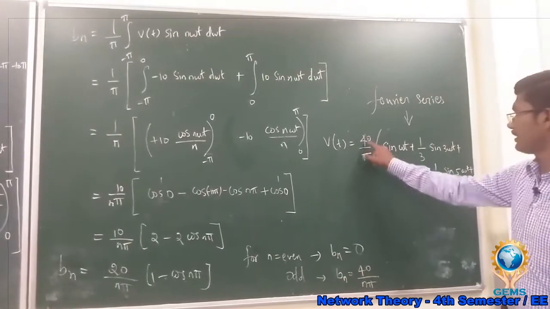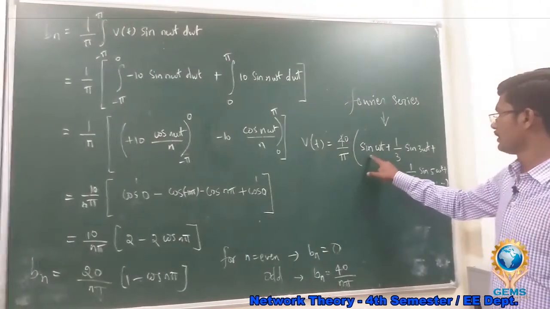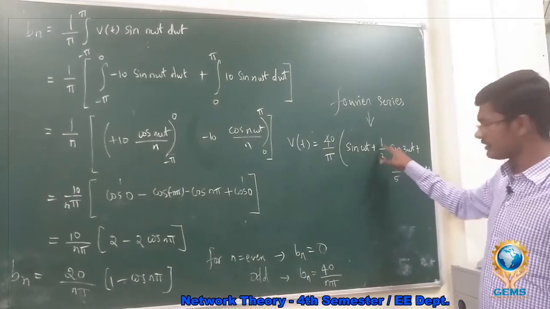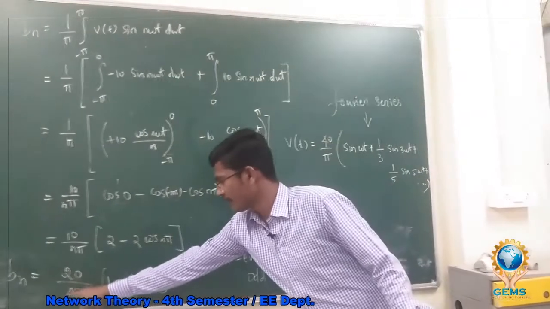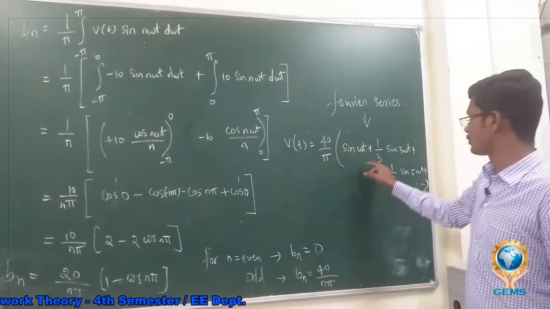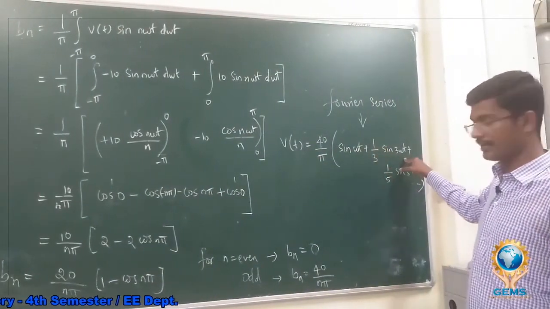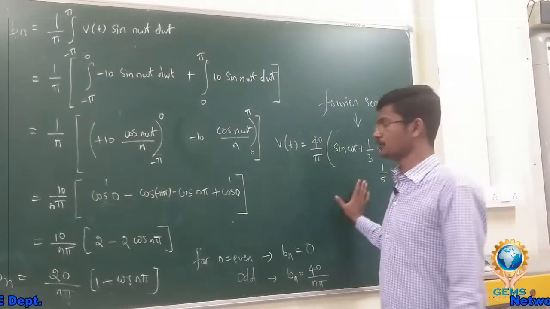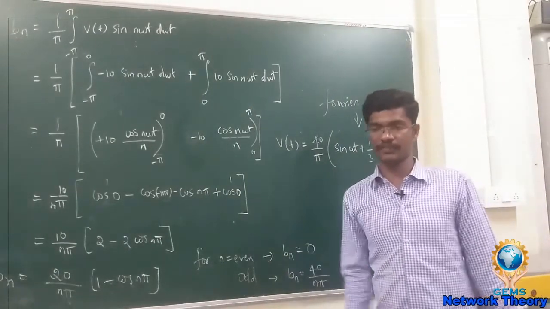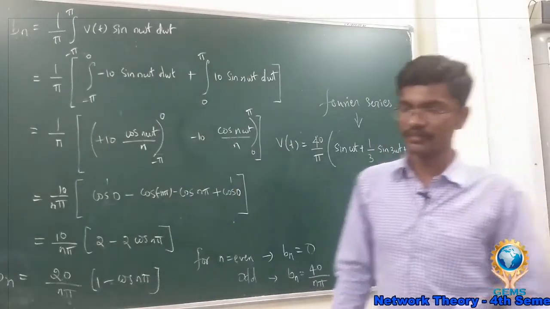So we will get 40 divided by pi into sin omega t plus 1 by 3. Why is 1 by 3 coming? Because the division by n comes inside, so 1 by 3 sin 3 omega t plus 1 by 5 sin 5 omega t, and it continues like that. So this is the Fourier series for this question. Okay, thank you.